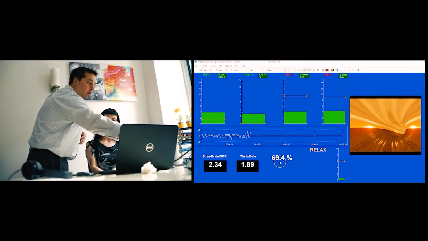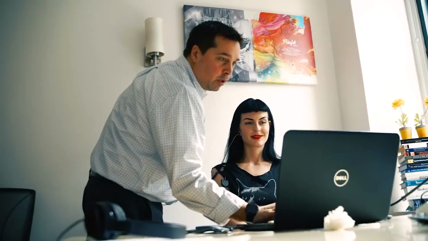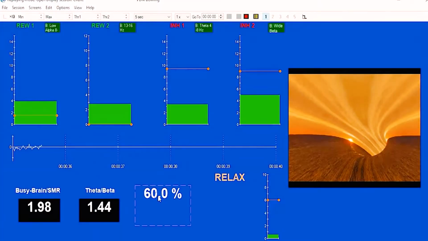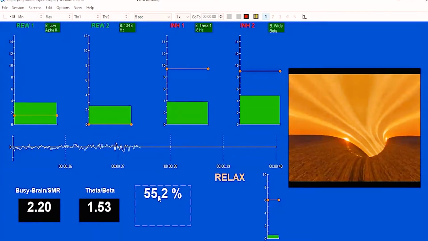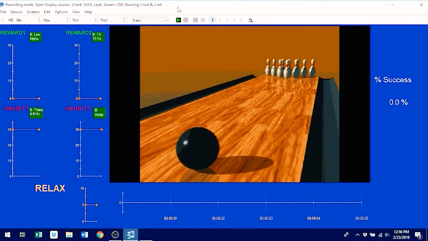And we're training her slower brain waves like alpha to increase. So when Jane is able to decrease her theta or her slow wave activity, all right, we will see the animation move, okay? Bowling pins with the bowling ball, all based on her brain activity.